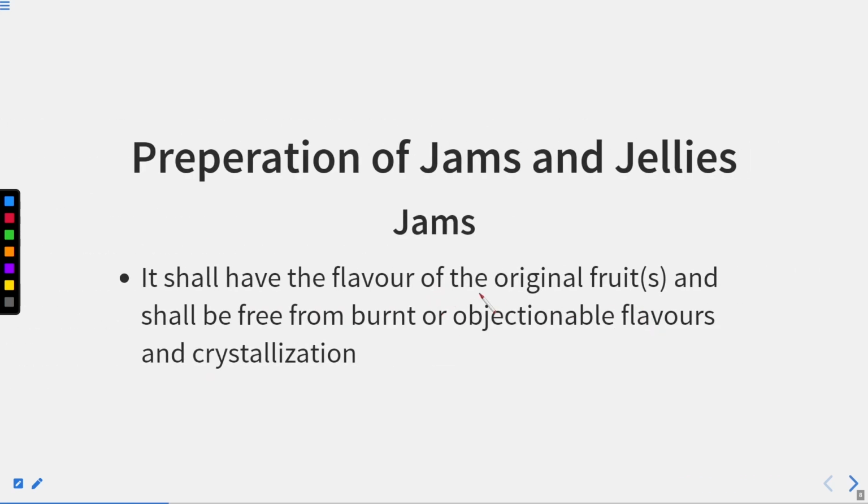It shall have the flavor of the original fruit and shall be free from burnt or objectionable flavors and crystallization. A very important point: if it is a mango fruit jam, then it must give you the flavor of the original fruit, so that the originality of the fruit is maintained.